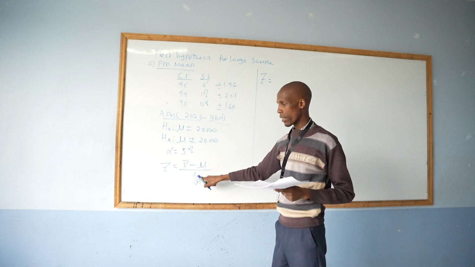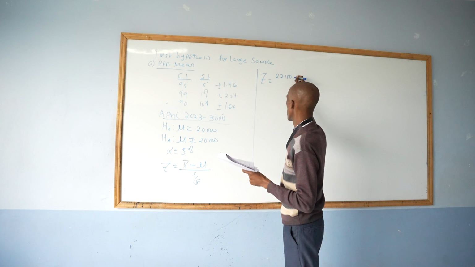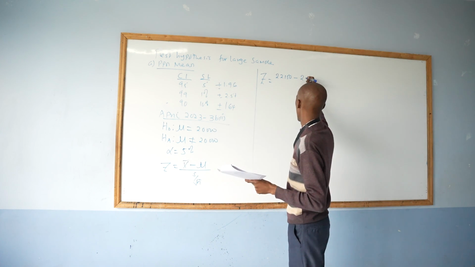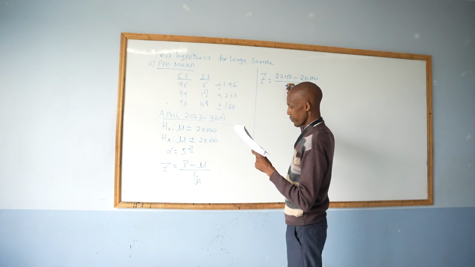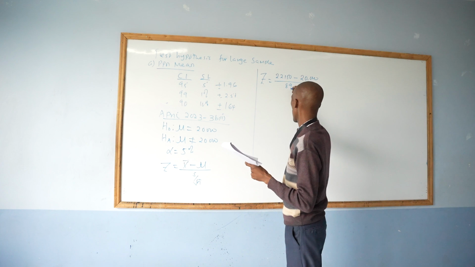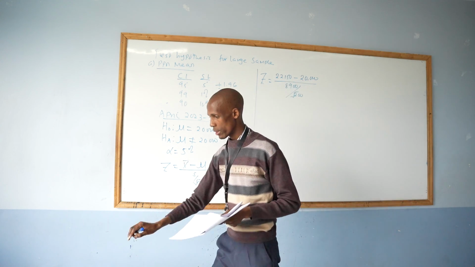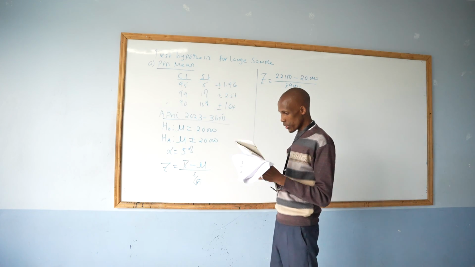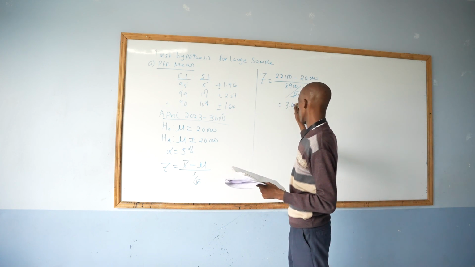This portion is the standard error: standard deviation, which was 8,900, divided by the square root of 200. I think we did this question in class. Let me check. Yes, we did it, and we got 3.42.